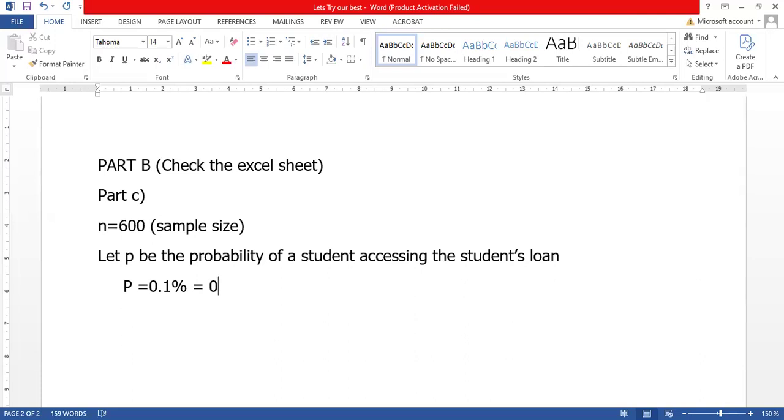So 0.001 should come in the third place, that is 001. So from this, colleagues, this is not binomial. You're using Poisson distribution, probability distribution.